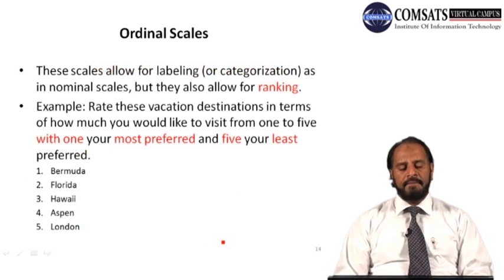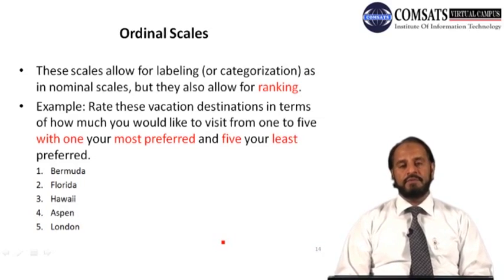Ordinal scales, we said, allow us labeling or categorization as in nominal scales, but they also allow us ranking as well. So in addition to selecting or categorizing the responses, it also allows us to rank them.